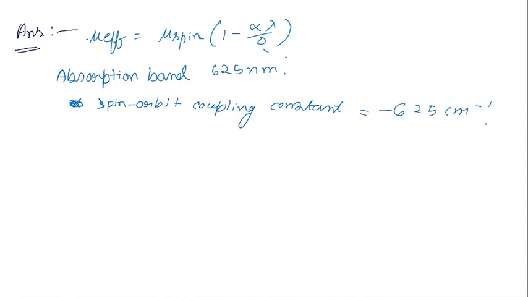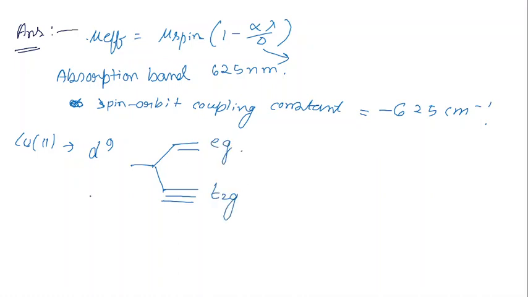Now we have to calculate the delta for this complex. Copper 2 is a d9 system. Now I will draw the d orbital split into t2g and eg, and fill the 9 electrons, as it is a high spin complex, according to the Pauli exclusion principle.